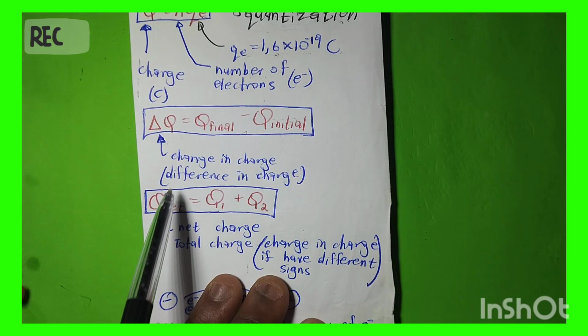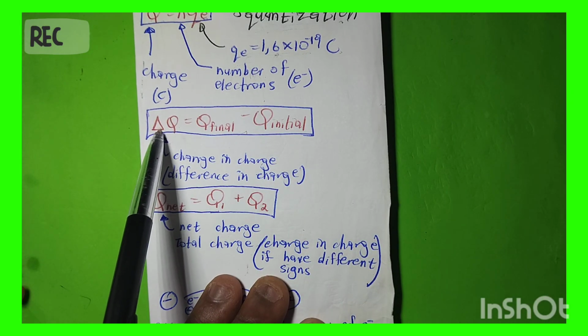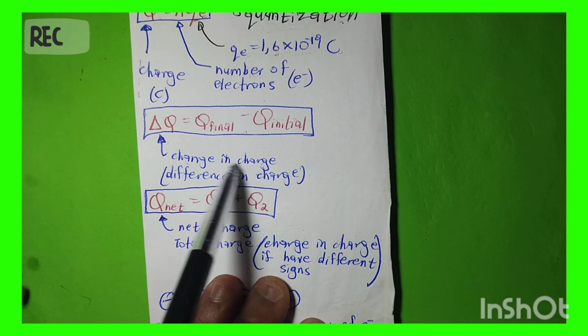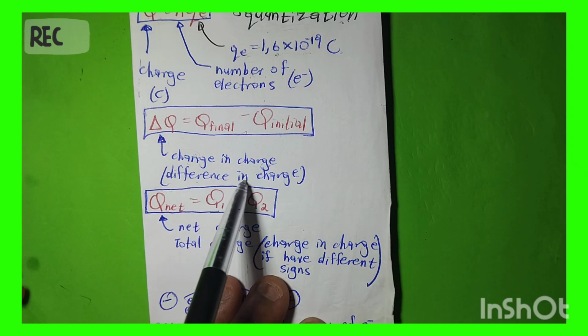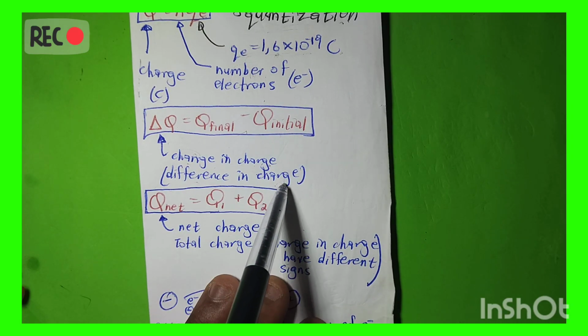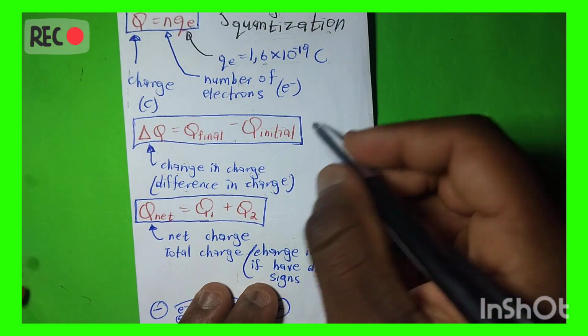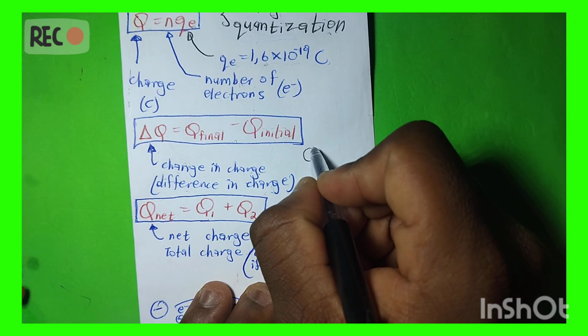Also we have this equation if you want to get a change in charge, or you can call it the difference in charge. Here they will give you a charge.